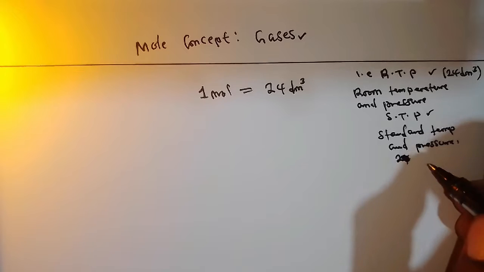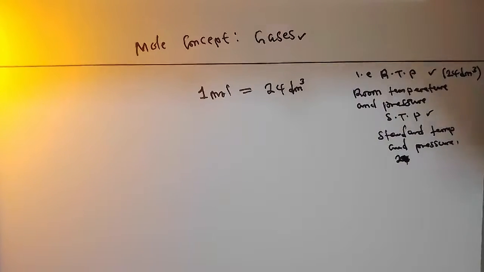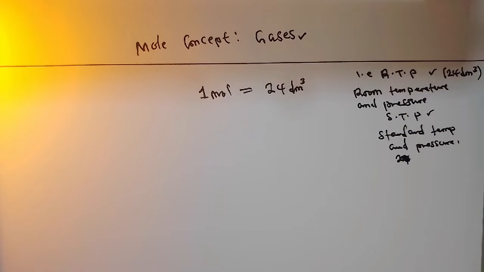I mean, the volume is 2,400 cubic centimeters. Okay, that is the volume at STP. So 2,400 cubic centimeters.